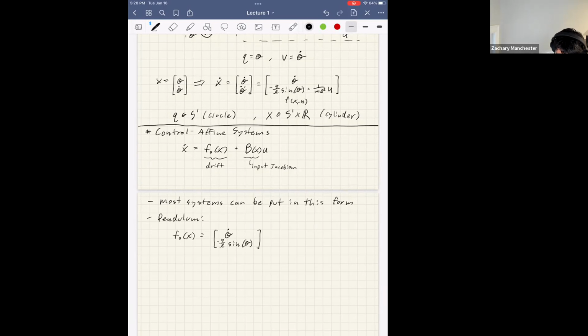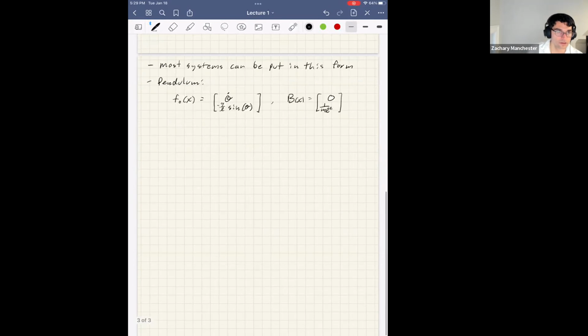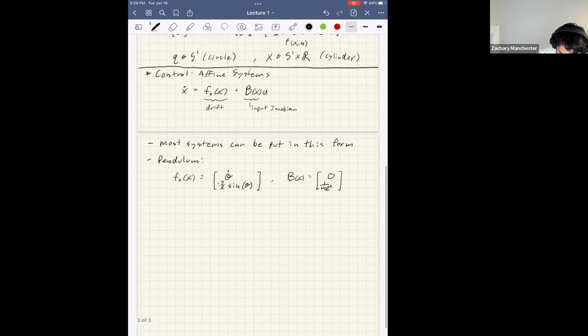And then this B of X guy is going to be 0, and then 1 over ML squared down here, right? So it's whatever was multiplying U up top there. Does that make sense to everybody? Okay. So that's that.